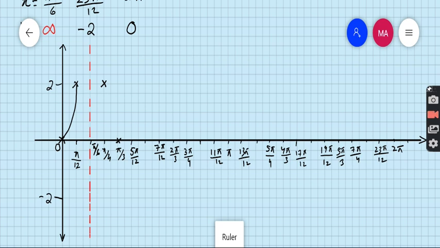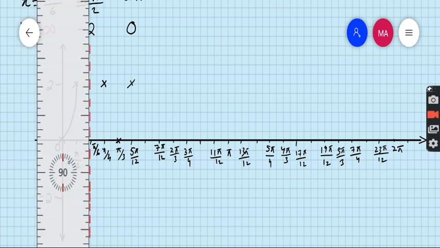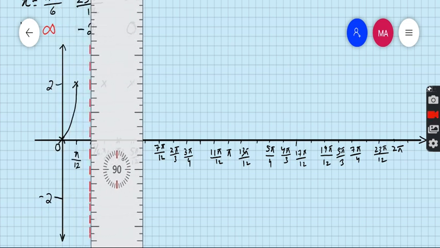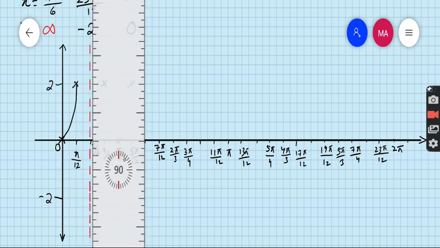At 5 pi by 12, the value is 2. And at pi by 2, the value is undefined. Draw the line.